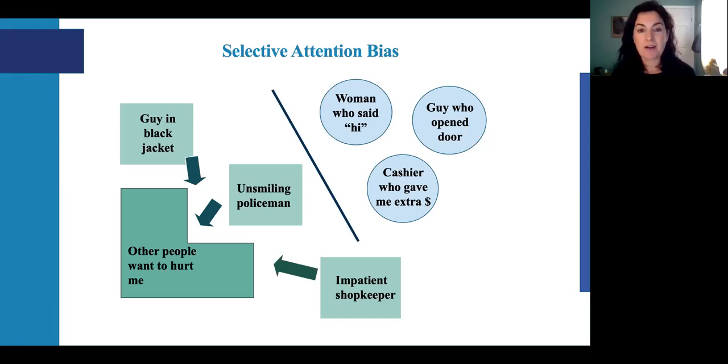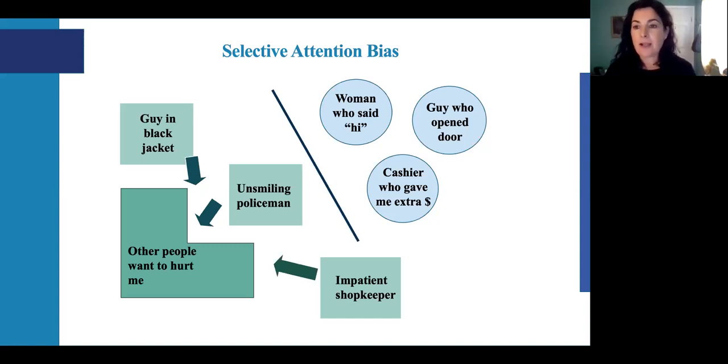From there, he might start to notice certain things during his experience in the convenience store and not notice others. The stuff in green is what this person starts really paying attention to. When he was walking in, there happened to be a policeman standing outside, and that policeman was not smiling. So he thinks about that.